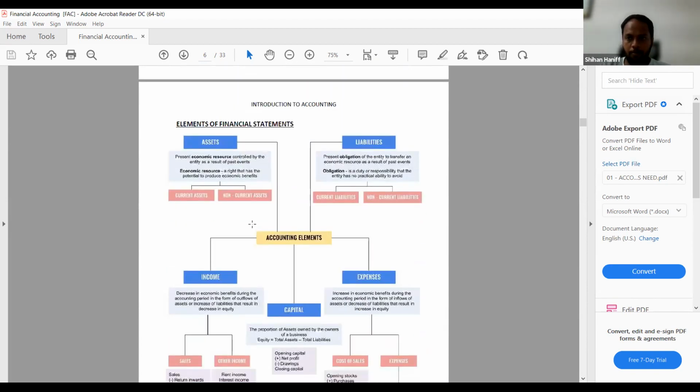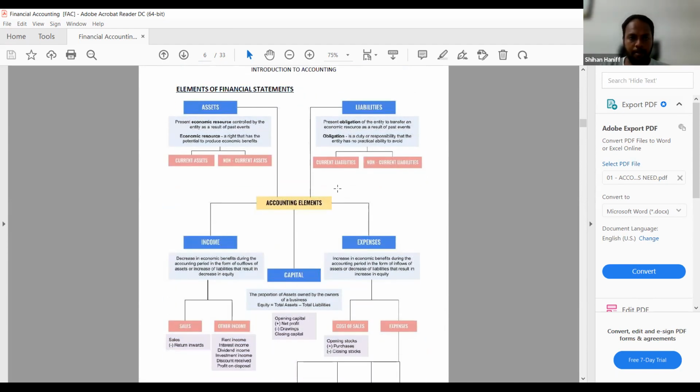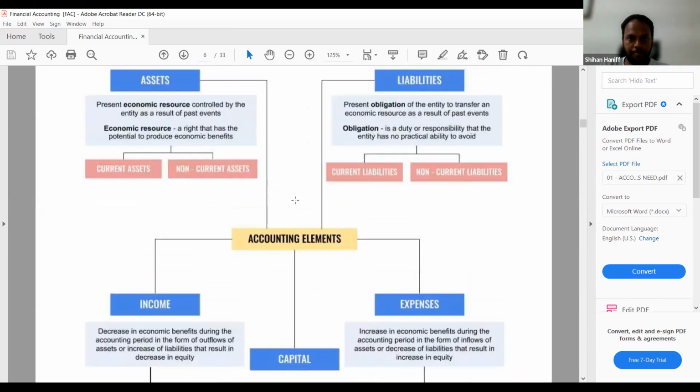Now we are moving to the elements of financial statements. This is another important part. So shall we have a break? After the break, I will explain.